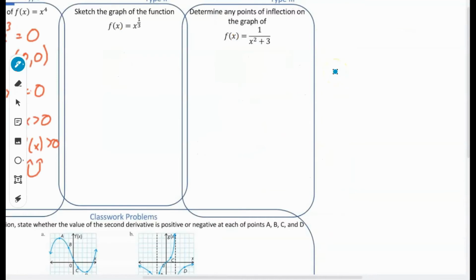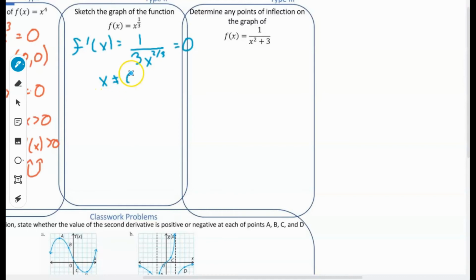All right. So let's do our second example then. So we want to sketch the graph of this function. All right. So our first derivative then, f prime of x, is going to equal 1 over 3 x to the 2/3. Okay. And if we set that equal to 0, well, you can see there that x can't be 0.